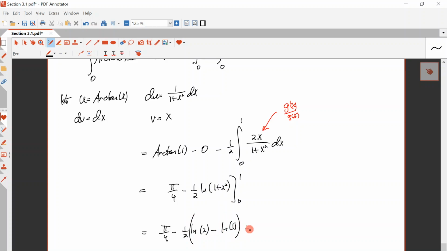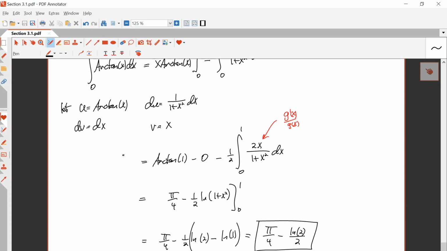Natural log of 1 is just 0. So it's pi over 4 minus 1/2 the natural log of 2. Okay? So that's a final example there, and that's the lecture for the section.